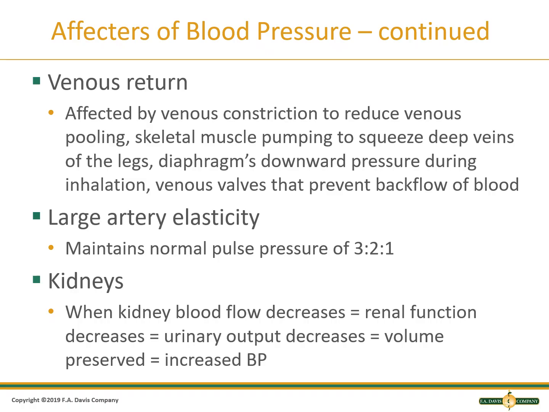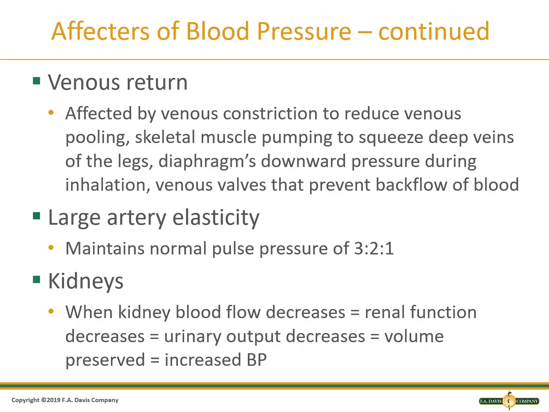Things such as venous constriction, to decrease pooling in the legs, skeletal muscle pumping, to squeeze those deep veins of the legs, again helping to promote that return of volume to the heart, the diaphragm's downward pressure during inhalation, and venous valves that help prevent backflow of blood. If your valves are not functioning properly in the veins, then you will see pooling in the distal extremities, and that will lead to a decreased volume returning to the heart.